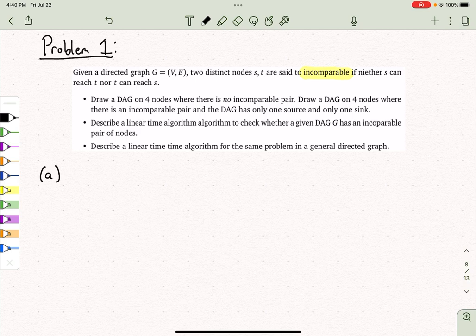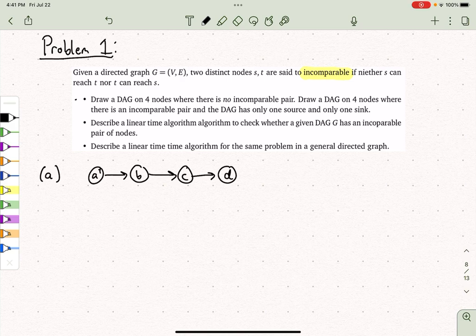So to get an idea of what that might look like, we're going to start with the first part, which says give an example of a graph where nothing's incomparable. So here's a really easy example. A, B, C, D. Nothing's incomparable because A can reach everything, B can reach C and D, C can reach D, and D is reached from everything.